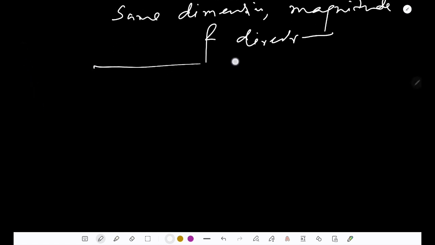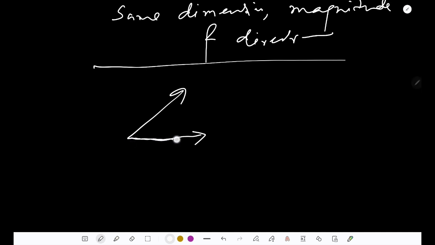So the first thing you will need to know is how to find the angle between two vectors. In case of displacement, it is quite easy, but in case of forces acting on a single point, how are we going to find out the angle between two vectors?